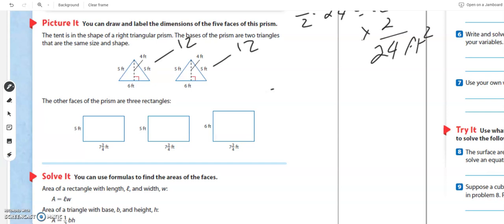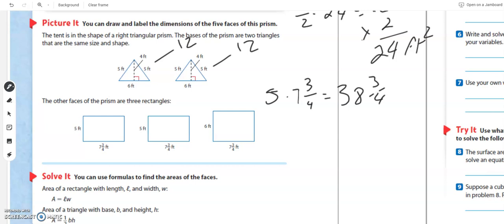So 5 times 7 3/4. Try that again. That equals 38 3/4.